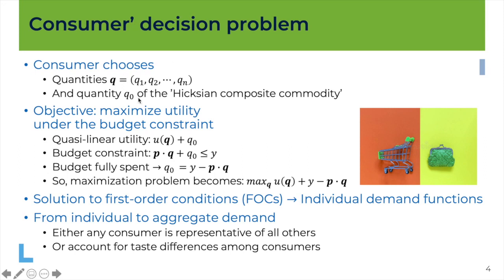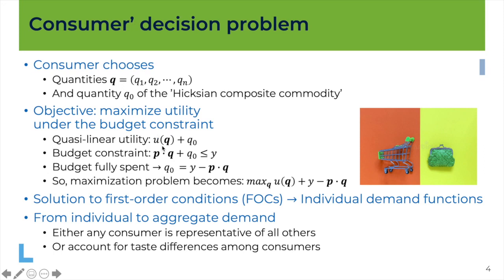So it's as if we were putting all the other goods you could choose from within a kind of combined commodity, which is called a Hicksian composite commodity, and the quantity of this composite commodity is called Q0. Okay, so in a sense we decompose the problem of the consumer by assuming that the utility function of the consumer has this quasi-linear form.